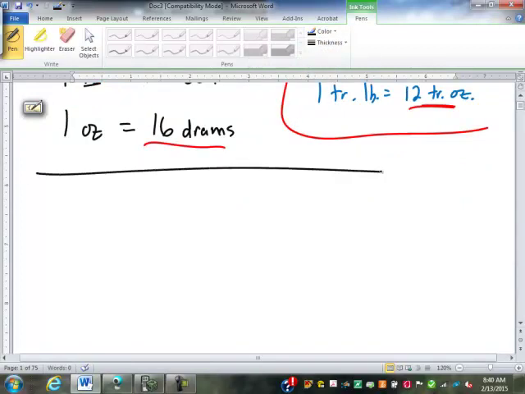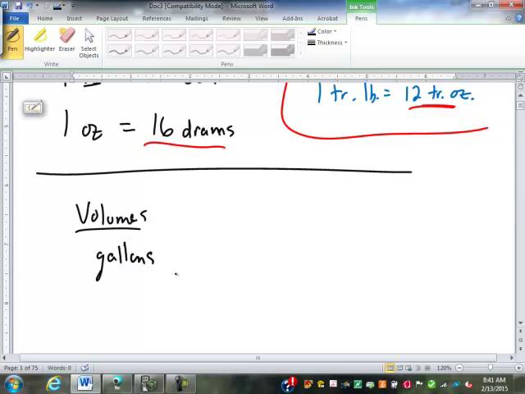Let's look at standard volumes. In our standard volumes, we're going to start out with grams. Or not grams, gallons. I'm switching systems out.